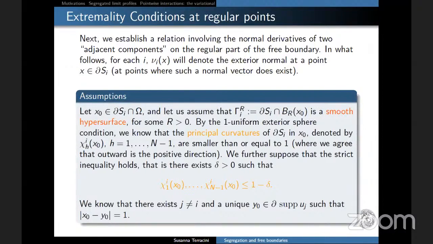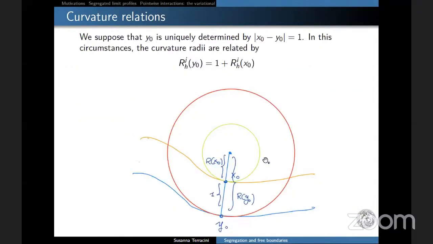What we can actually do is to assume some regularity at the interface, and we assume that the boundaries of the positivity sets are regular enough. They have curvatures, they are C2, and we also assume that these curvatures are smaller than or equal to 1.